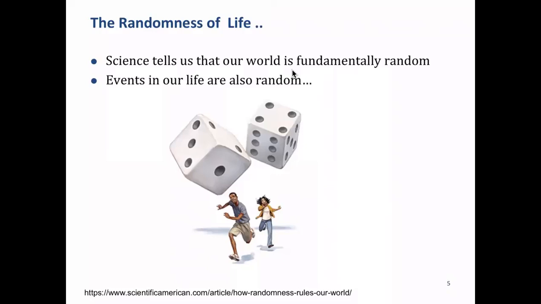As a person, you will have to think through how you plan or how you secure against the randomness of life. Can you secure? Sometimes we cannot secure ourselves because things are so random and the probability of that event is so low, but it happens. Then you can't protect yourself.